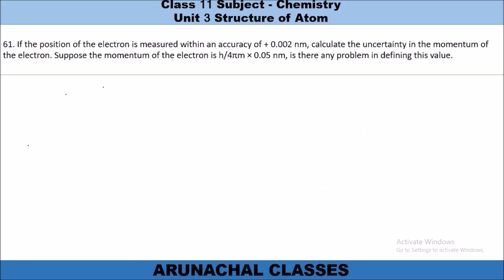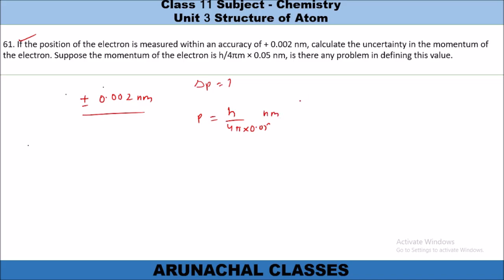Question number 61 now. If the position of an electron is measured with an accuracy of plus minus 0.002 nanometer, calculate the uncertainty in momentum, that is delta P, of the electron. Suppose the momentum of the electron, that is P, is given as h upon 4 pi multiplied by 0.05 nanometer.